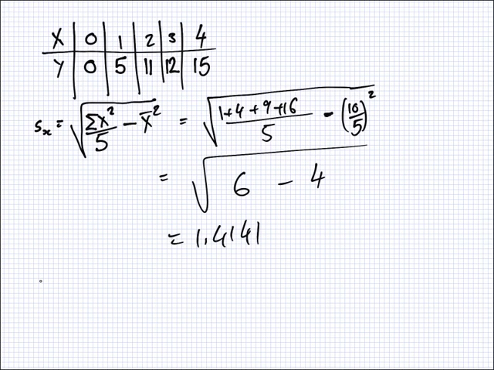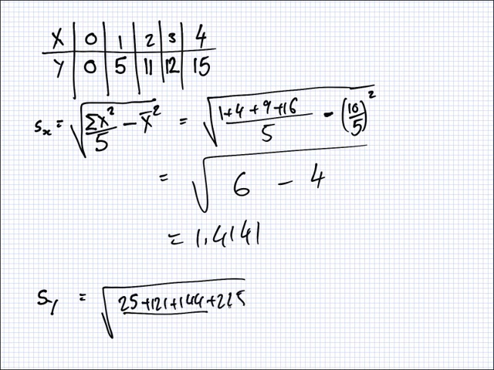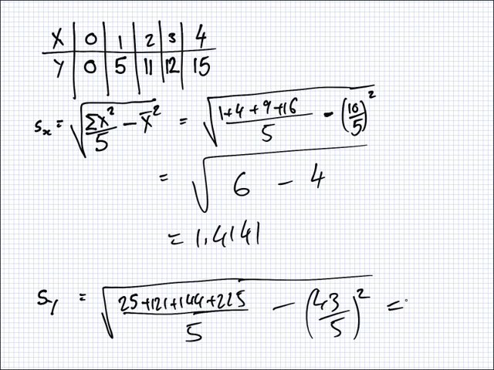Okay, next. Let's get SY now. 25 plus 121 plus 144 plus 225 over 5 minus, what's that, 27, 38, 43 over 5. Can you calculate this one, please?